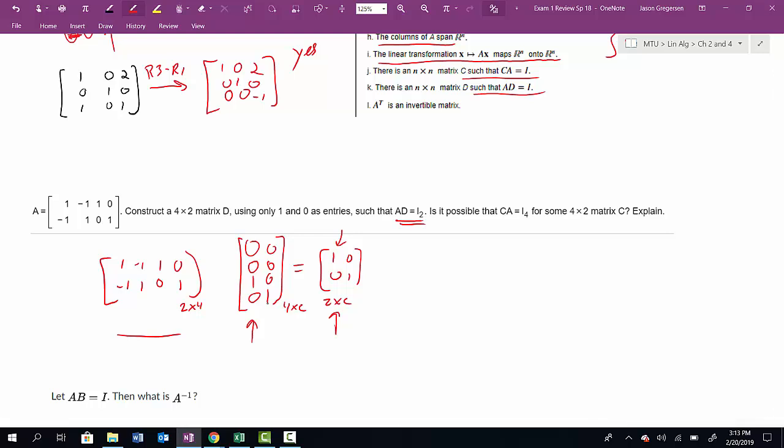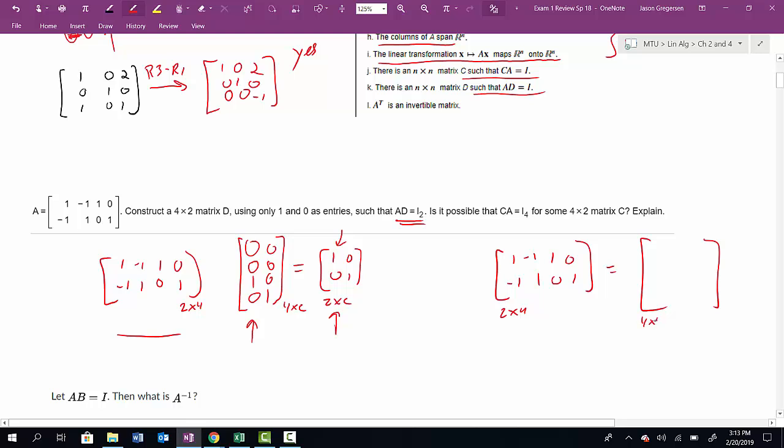All right, then it says, is it possible that C times A is the 4x4 identity for some 4x2 matrix? Well, let's flip this around now. 1, -1, 1, 0, -1, 1, 0, 1, like this. Now I have a 2x4. I'm trying to get to a 4x4 matrix over here.